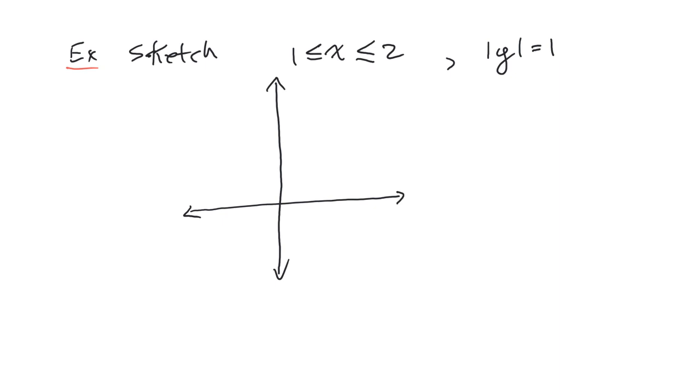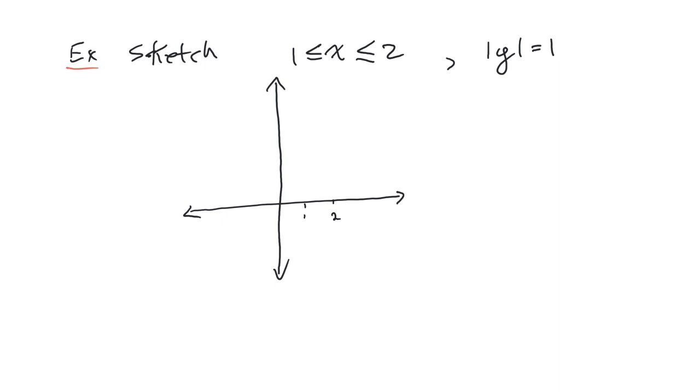Now, you'll notice you have x being less than or equal to 2 here, but greater than or equal to 1. So what I tend to do is draw where 1 and 2 are on my x-axis.